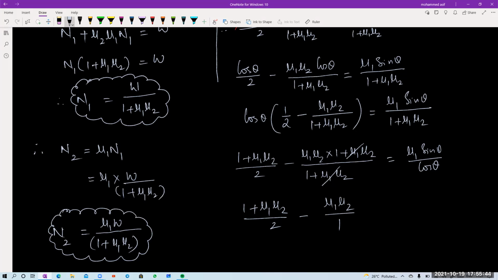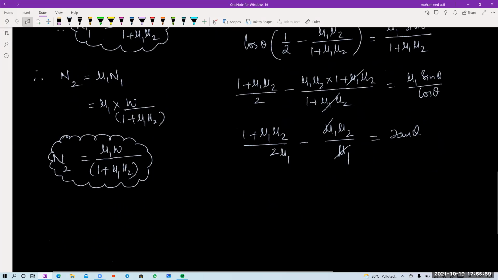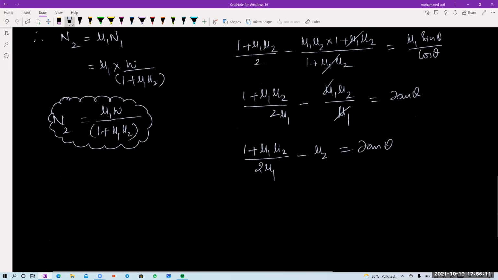Okay, I'll take mu1 also to this side. So this will become mu1 here and here also mu1. That is equal to sine by cos. Sine theta by cos theta will become tan theta. This mu1 and this mu1 also will get cancelled. So this will be 1 plus mu1 into mu2 divided by 2 into mu1 minus mu2 is equal to tan theta. Okay, so now you can just take an LCM and simplify it.